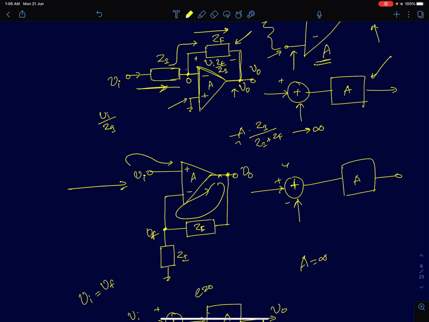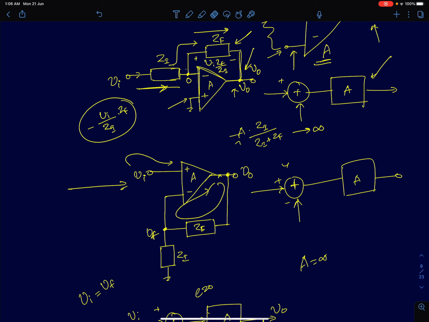The entire current flowing through Zi has to flow through Zf, so the voltage across Zf is given by Vi by Zi into Zf. But since we are taking the voltage at this node here, there will be a negative sign. It will be minus of Vi into Zf by Zi.